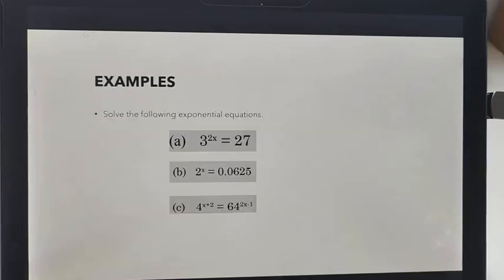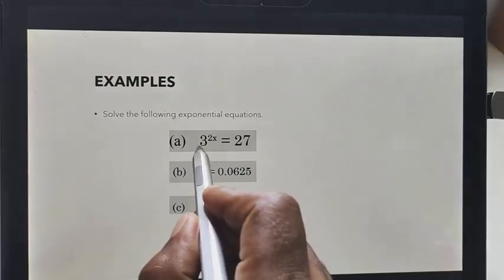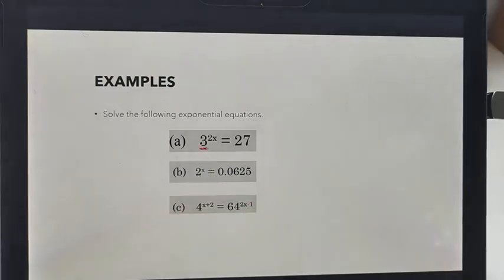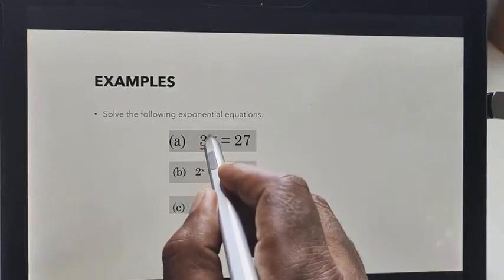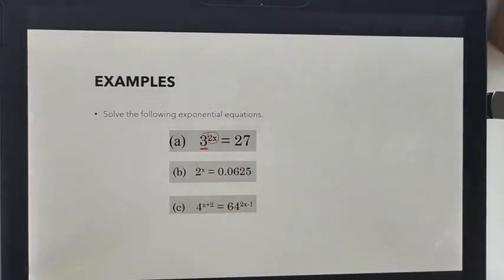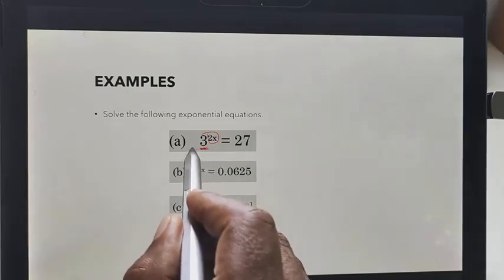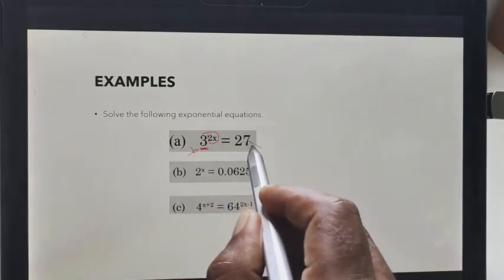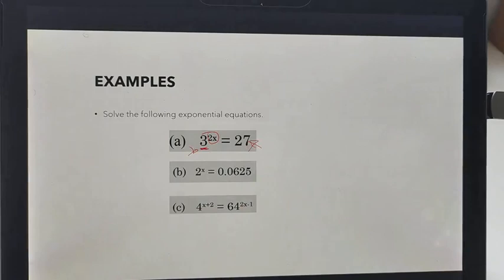So let's look at these examples. These are examples of an exponential equation. That's a base, and this is a power. This is the left hand side of an equation. That's the right hand side of an equation.